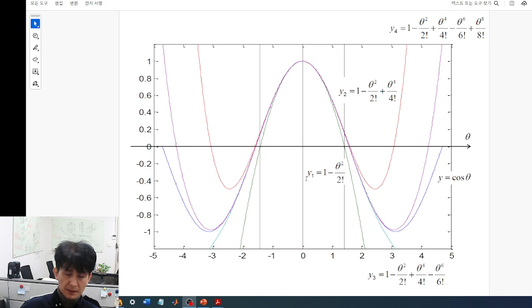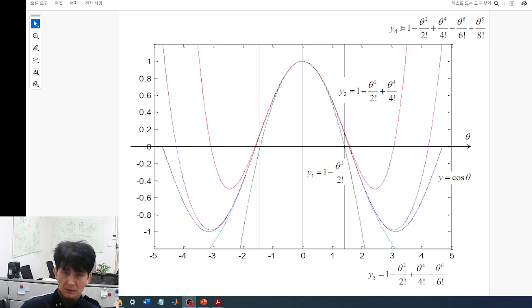If we have up to the second term, this is y1, represented by a green curve, and y2 includes three components, y4 includes 5 components, and this is the real cosine function.